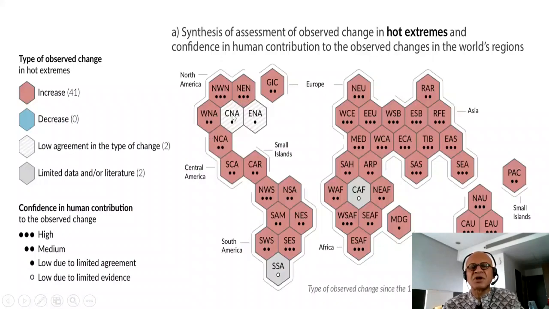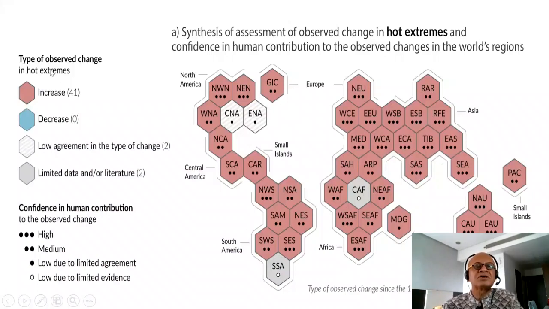So Western North America, Central North America, Eastern North America, and so on. So North America, Central America, South America, small islands, Europe, Africa, Australasia, small islands, South Asia. So Asia is split into South Asia, Eastern Central Asia, Tibet, and so on and so forth.